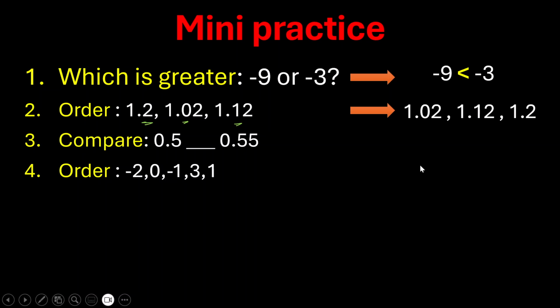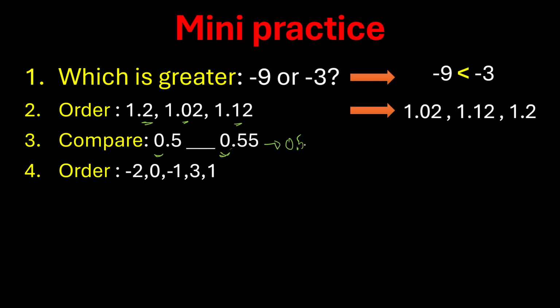Great. Now compare the two numbers, 0.5 and 0.55. So first compare the integer side. So 0 equals 0, right? Then compare the 5/10 and 5/10.